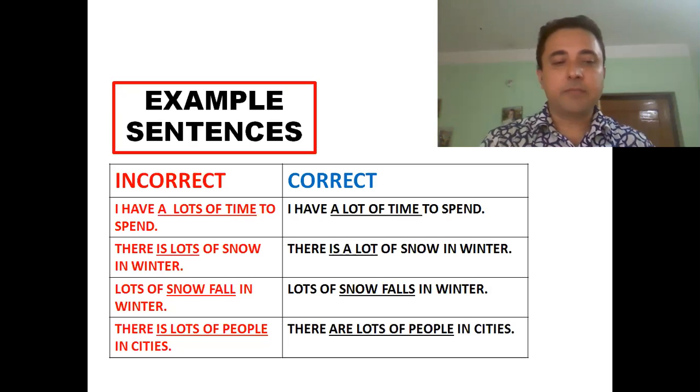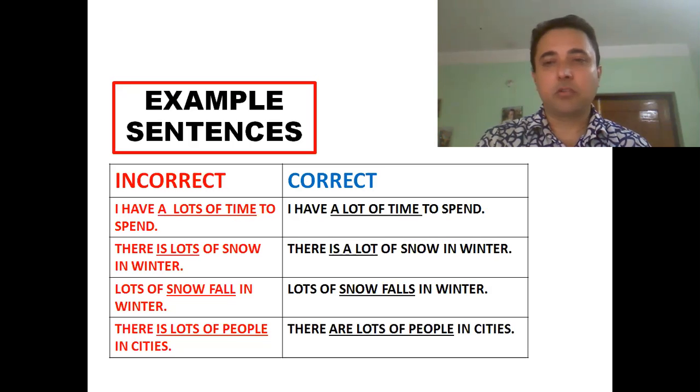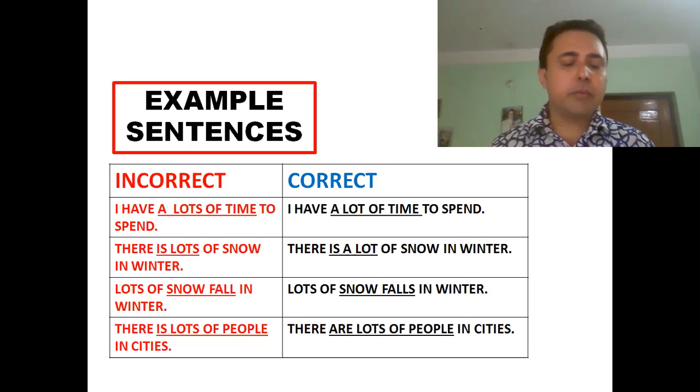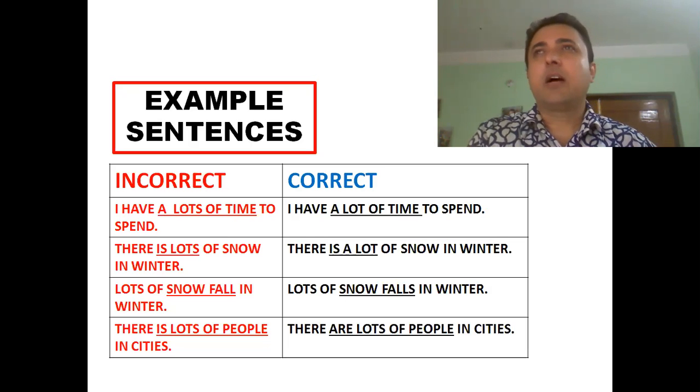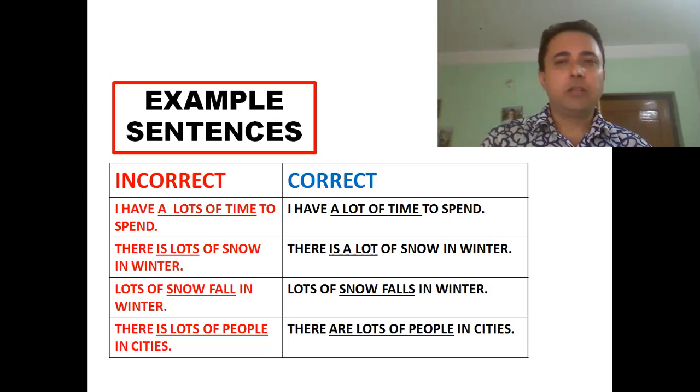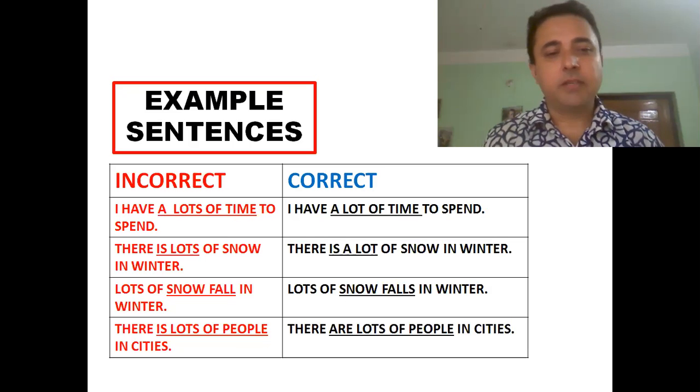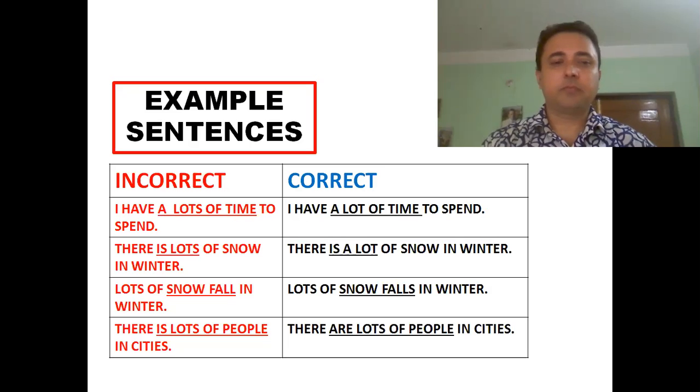Yeah, that's correct. But is doesn't come with lots because lots itself is plural. Remember, you have to be careful about using lots of and a lot of. Start a sentence like a lot of or with lots of. You can write a lot of or lots of. Okay, but there is lots is not possible.